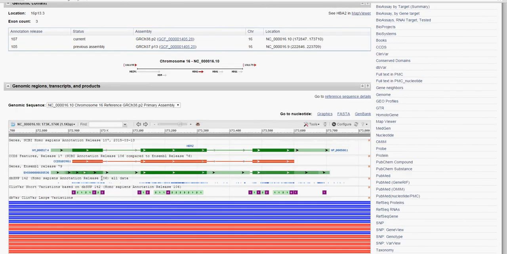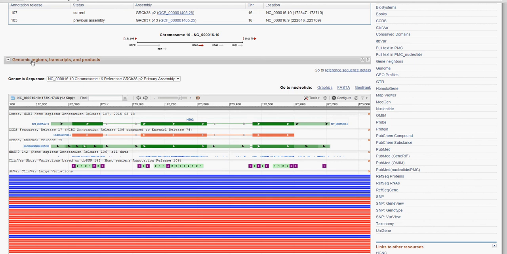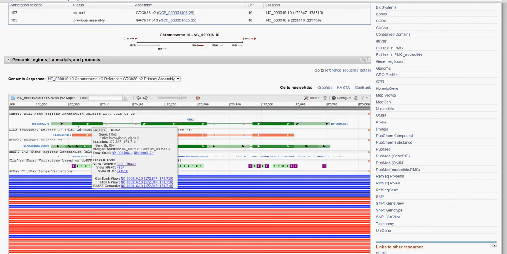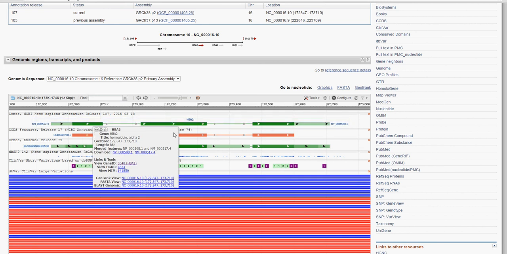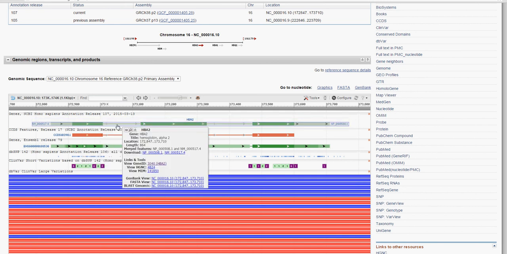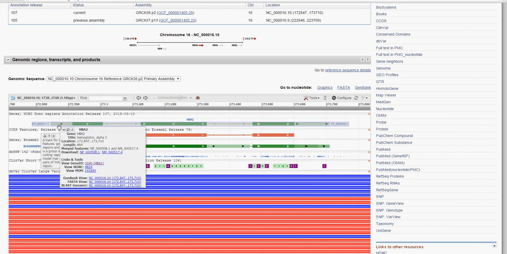If you are not sure, you can always scroll down to the next part, which is genomic region, transcripts, and products. It gives us a picture of this gene. Now, the larger squares are the 3 exons. The intervening thinner lines represent introns.